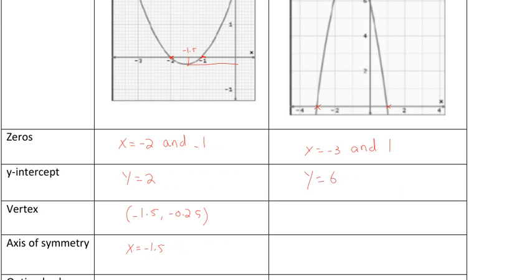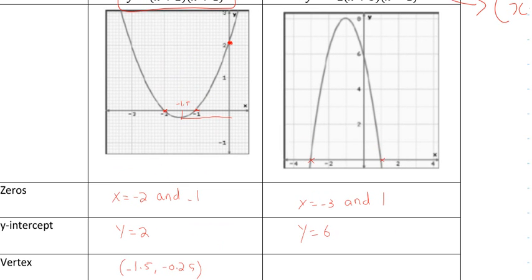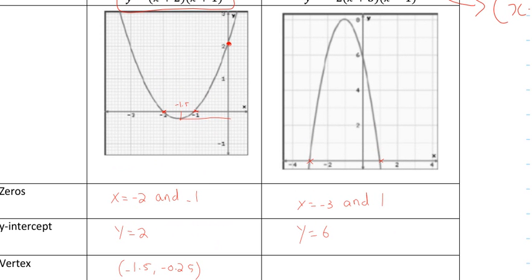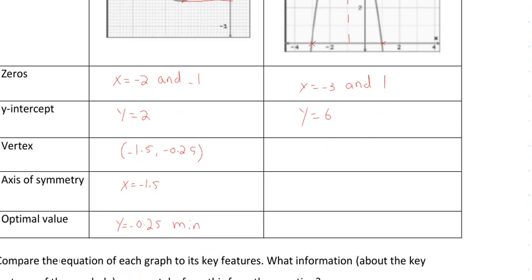And how about your vertex? -1. No, it's not 6. It's 8. (-1, 8). So -1, comma 8. How about your axis of symmetry? X equals -1, and the optimal value, y equals 8, and it's a max.